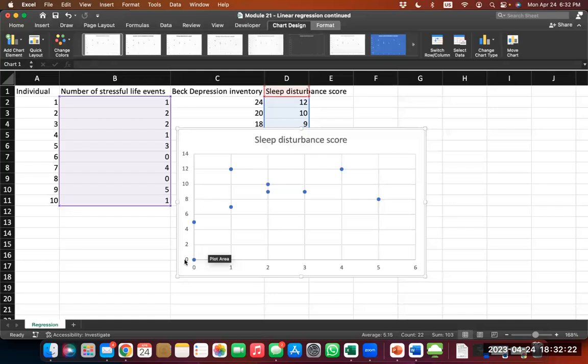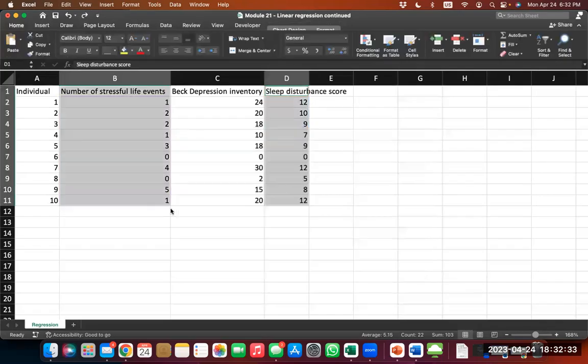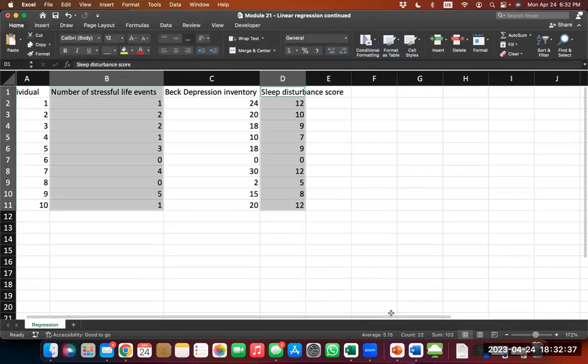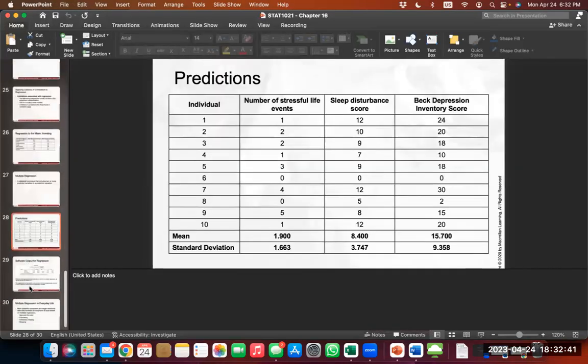But basically, there is quite a good correlation with less variability than what we've seen of PDI as a function of the number of stressful life events. So it's going to get interesting. Let's dig a little deeper into this.